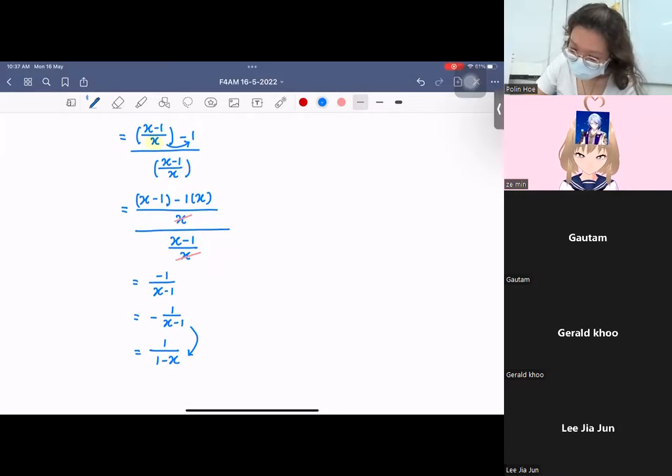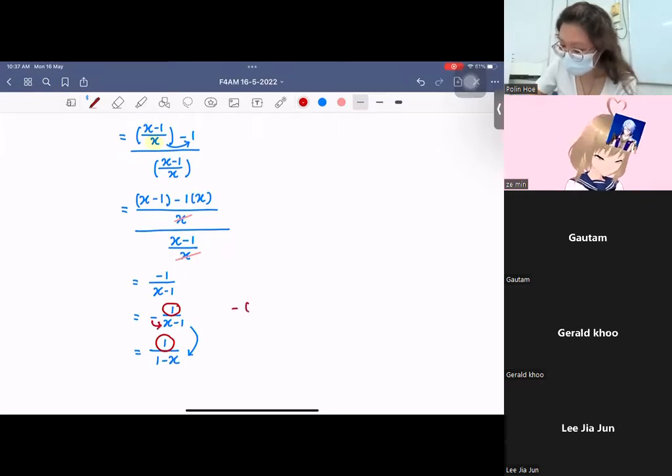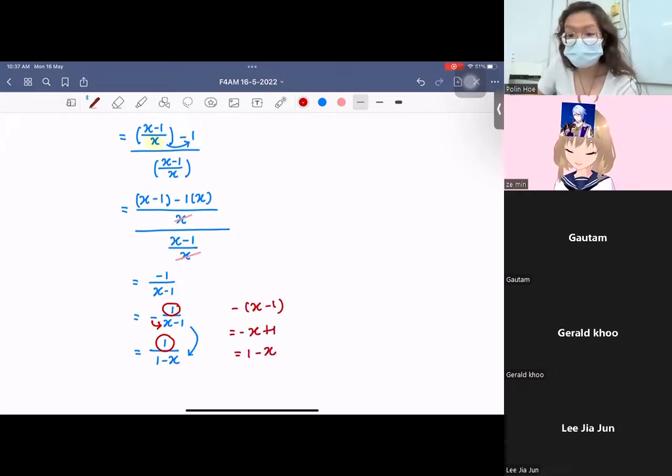You see, I never change my 1, correct? That's why I multiply this negative to my denominator. Negative x plus 1 equals 1 minus x.